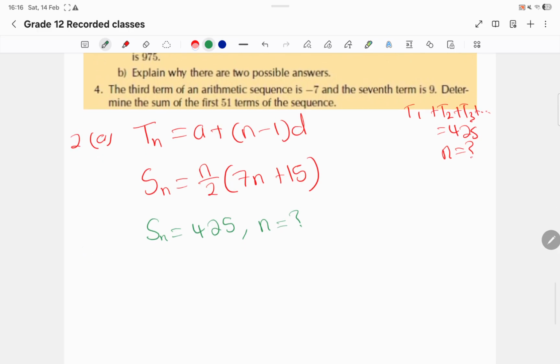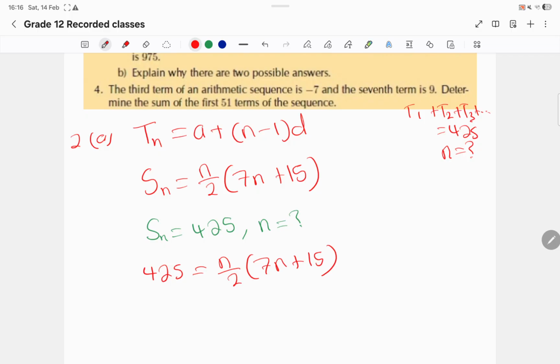So the equation is 425 equals n, the n that we are looking for, times (7n plus 15), and from here we solve for n.